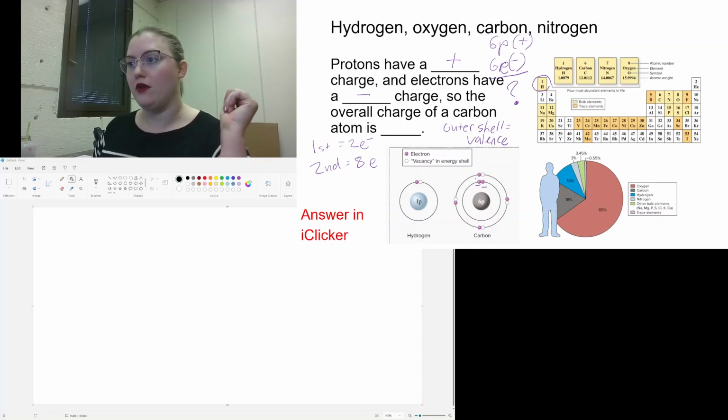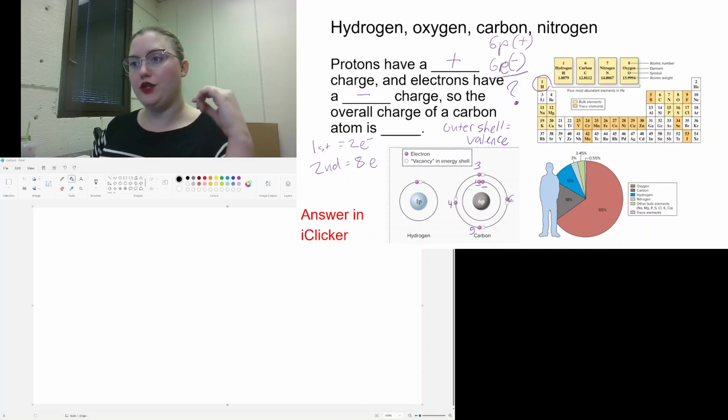So we're going to have, here's our first 2, 1 and 2, and then we're going to have 3, 4, 5, and 6. Okay? So none of those electrons paired with each other.